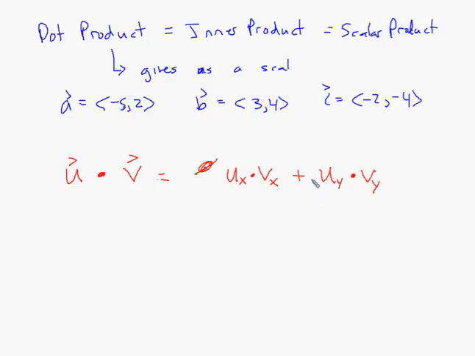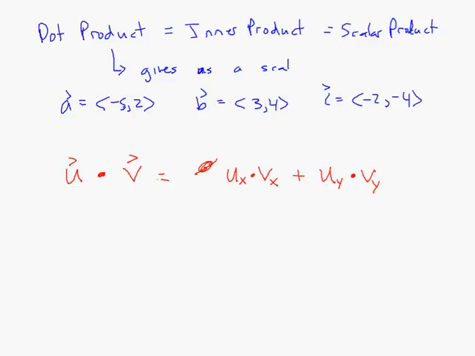So I basically multiply my x's together and I multiply my y's together and add them. If I had more components than 2, I would have a z part as well, or a w, and I just keep on going. But basically, I multiply the x's, I multiply the y's, and then add those 2 answers.